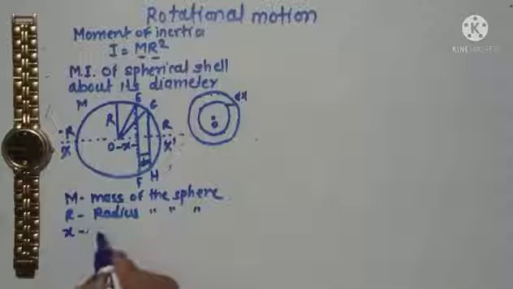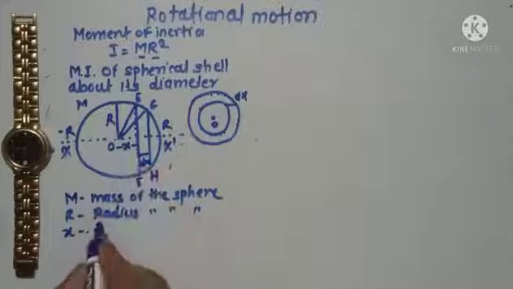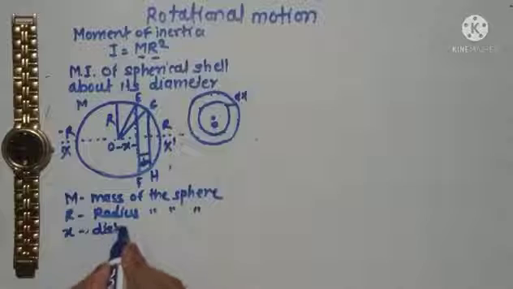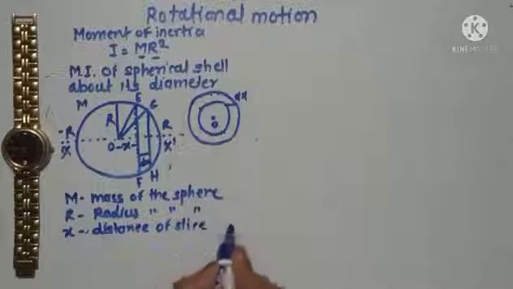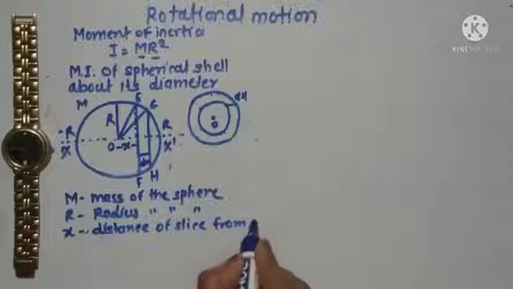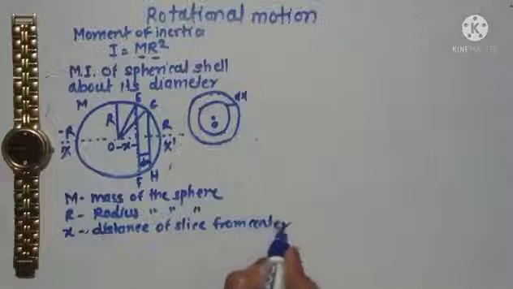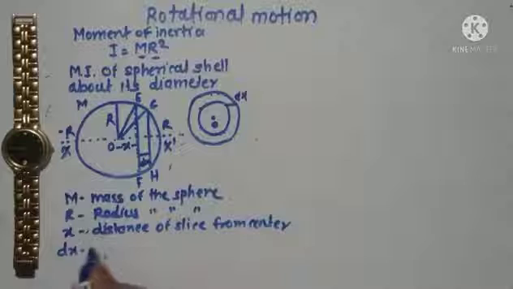Then let x be the distance of the slice from center, and dx is the width of the slice.